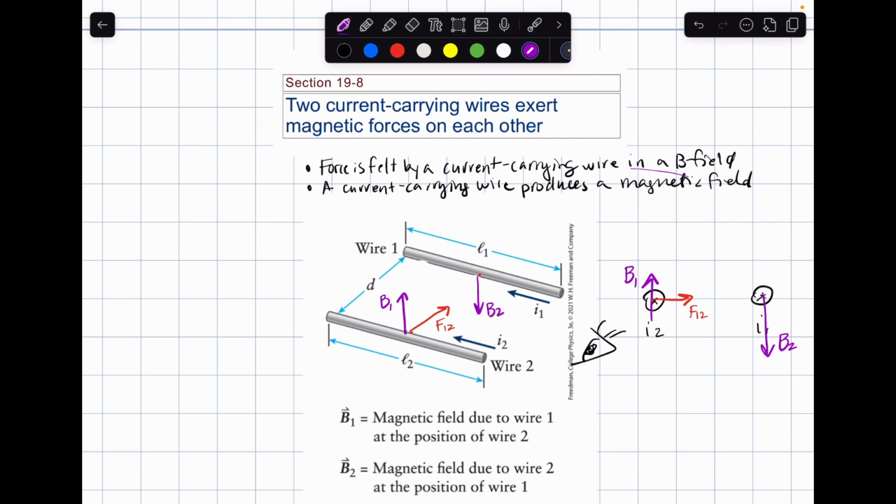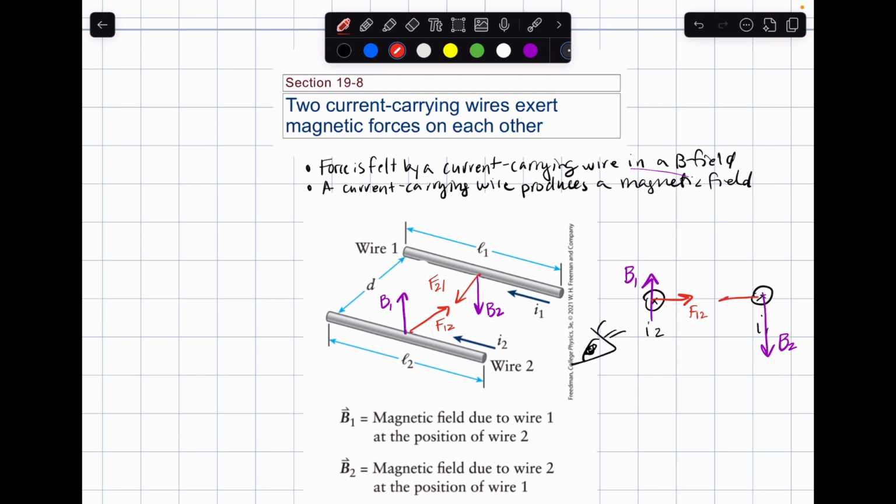And so now I'm going to use my second right-hand rule, well, technically the first one that we learned. We put our fingers in the direction of the current, and I'm going to be looking at the back of my right hand, and then I'm going to curl them down into B, and you're going to see that your thumb is pointing towards the other wire. That's the force that the second wire exerts on the first one.